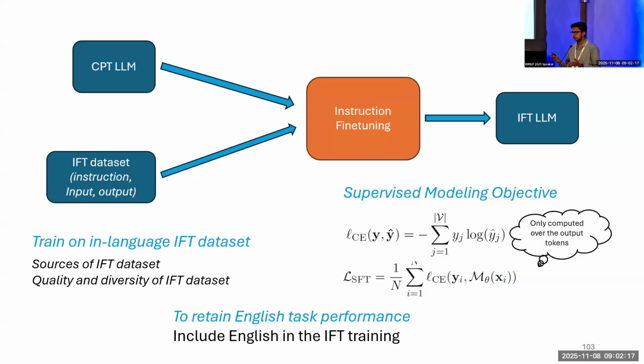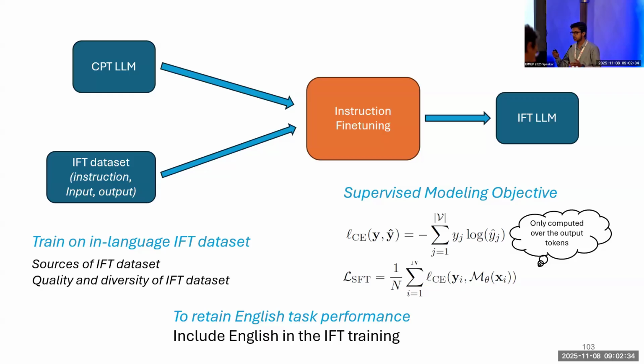So this is done through the supervised modeling objective again, which is in practice the cross entropy loss. And so we minimize the loss between the predicted tokens of our model and the actual ground truth tokens of our dataset.